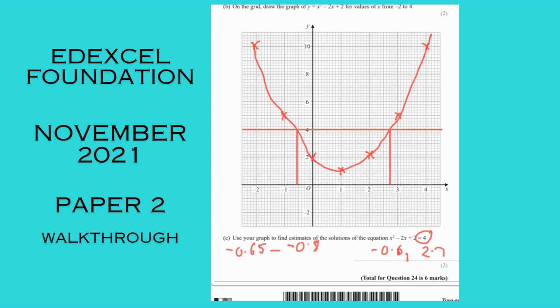So I would have lost a mark. Probably would have got that mark, but lost it here because obviously my diagram is terrible. So yeah, wouldn't get full marks for mine. Yours needs to be better. Other solution, by the way, they allow 2.65 up to 2.8.